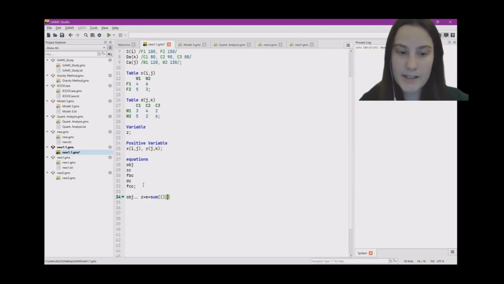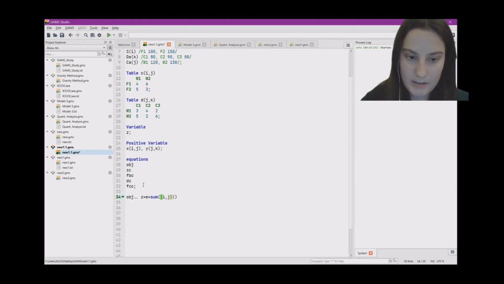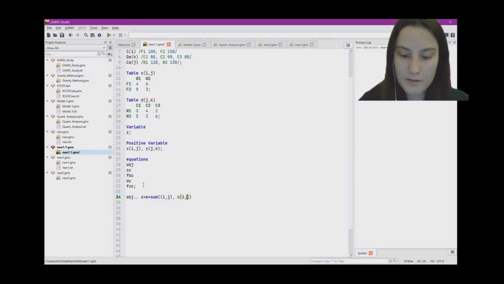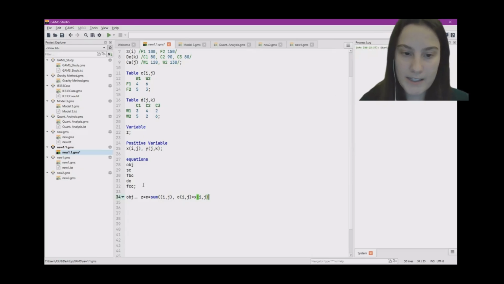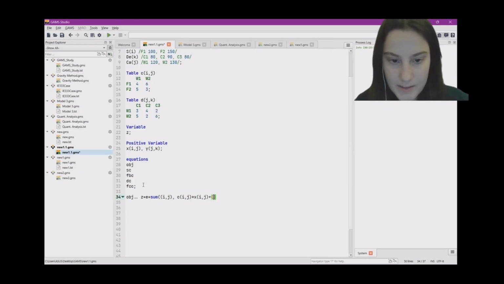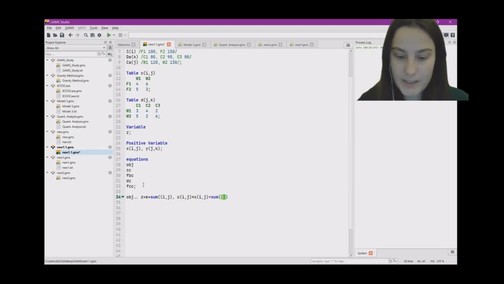What are we going to sum? ij, comma, and then we are going to say C(ij), cost of factory to warehouse times the amount of units we are sending, plus sum of JK, D(IJ), the cost of sending from warehouse to customer, times the amount we are sending from warehouse to customer. And don't forget your semicolon.